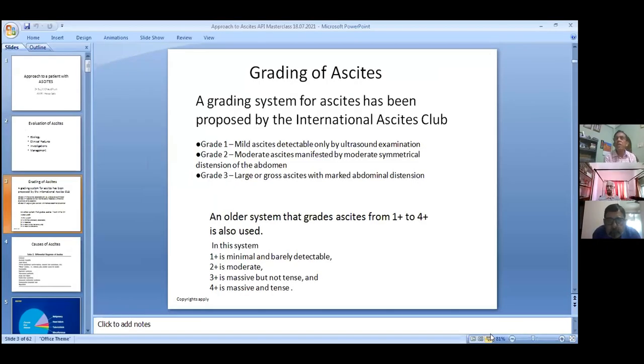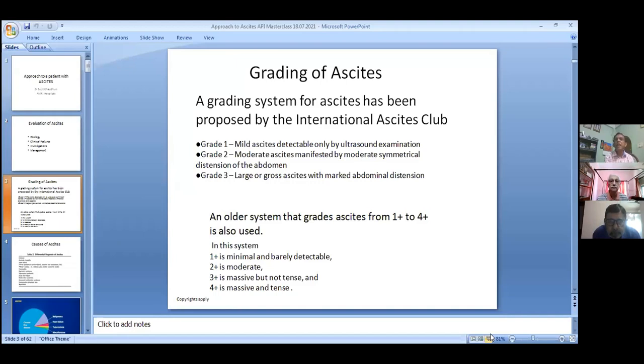Before that, there is an internationally accepted grading for ascites, mainly for cirrhotic ascites, but you can grade other forms of ascites too. The older classification was grade 1 to grade 4. When there is massive and tense ascites, it is grade 4.